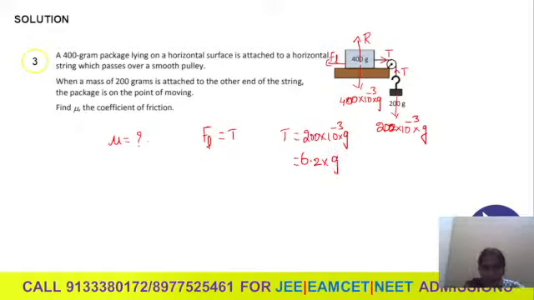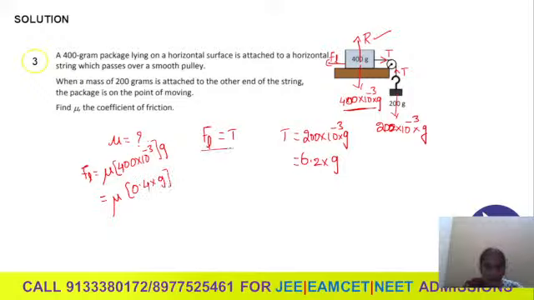And the limiting friction FL will be equal to mu into R. R is balanced with the weight, that is 400 into 10 power minus 3 into g, which is 0.4 into g.